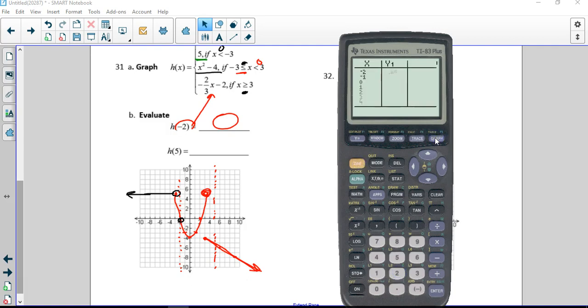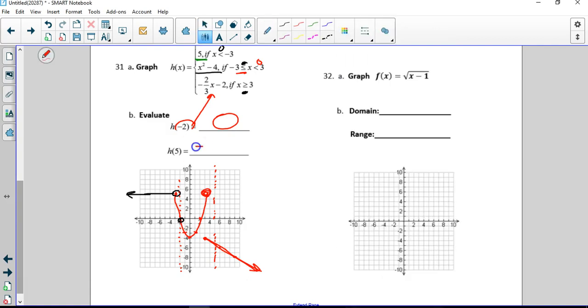Go to the table and look at 5. Negative 5.33. So negative 5.3 repeating. Let the calculator do the work. Does that make sense? Yeah, it does. Right here is about negative 5 1/3. So it makes perfect sense.